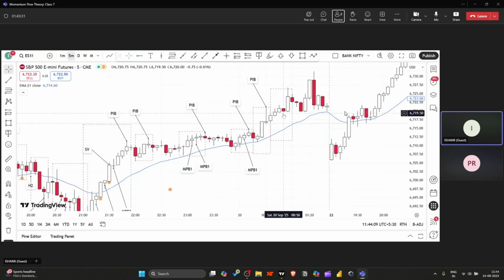Once it breaks out of the previous pivot high, that is when we will call the pullback complete. Till then, this is empty. We will say, okay, this is where the breakout started from, but I won't take any trade. Once it goes beyond the PIB, that is when I'll say, okay, the spike has started, and now I'll look for MPB.